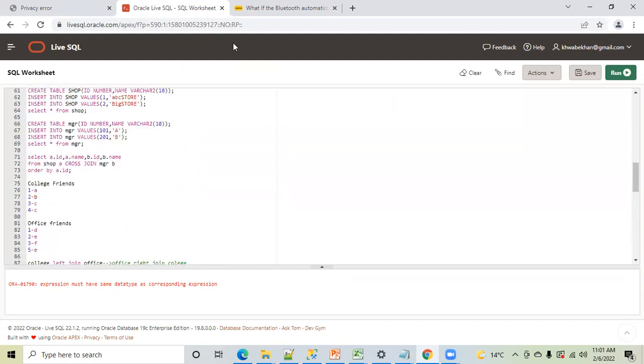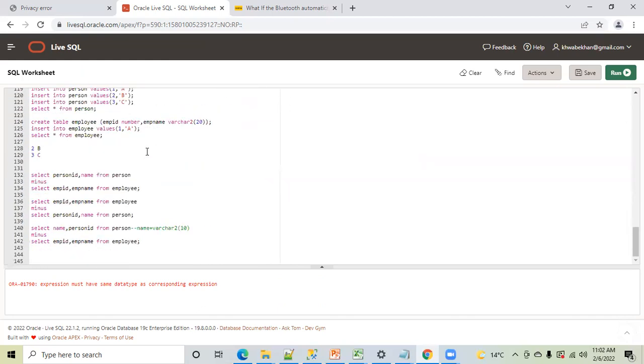Yes, here in a.id, if you write b.name instead of b.id, it will not matter, right? No, nothing will happen. You can change the sequence. Okay, you can try this.